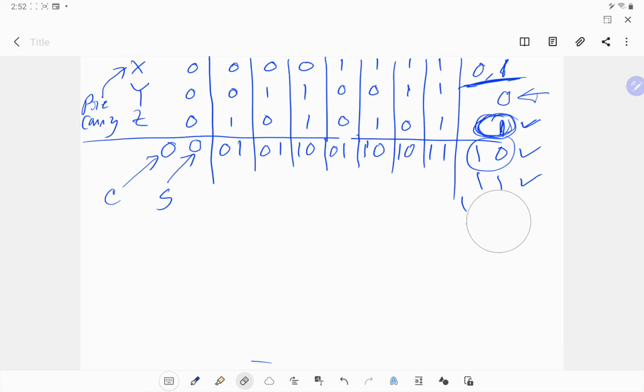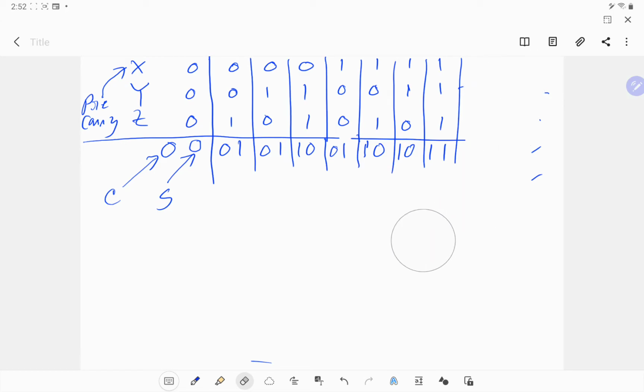So now we can find the truth table. And how do we do that? How do we write the truth table? So now we have 3 inputs, x, y, z, and the 2 outputs, sum and carry.